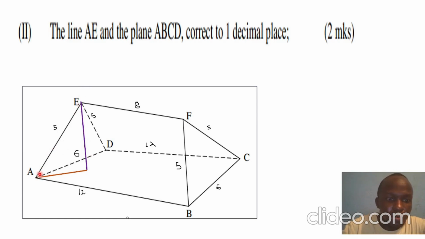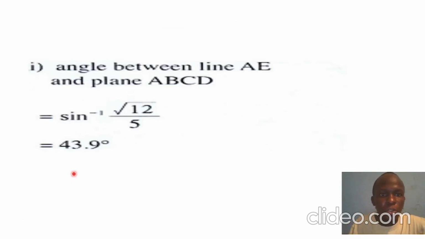Why are we using this line to represent the plane? Because it is the center line connecting AE, the center line of the whole plane, the rectangular bottom. So go to the solution.